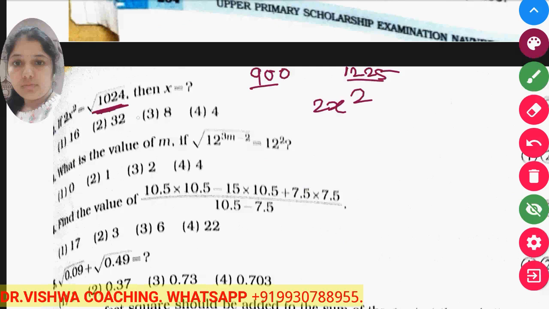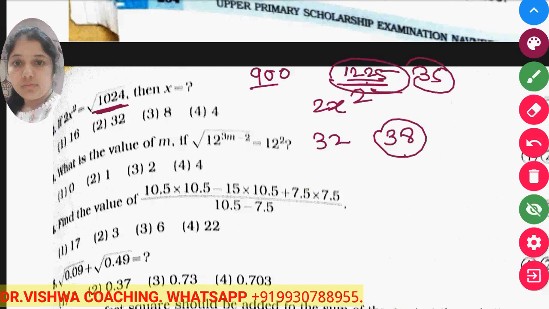And if 4 is at the unit place, which number will come at the unit place? 2 or 8. So either it is 32 or 38. But 38 is bigger than 1225, because that is the square of 35. Okay, so 38 should not be the answer. So 32 is our answer.